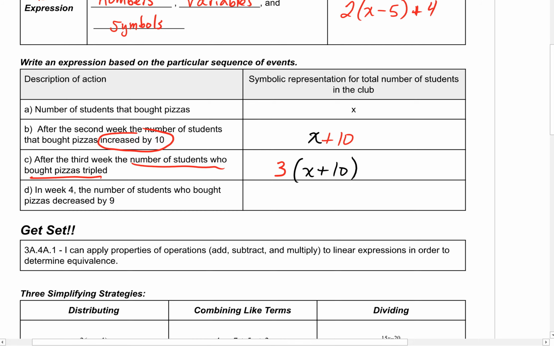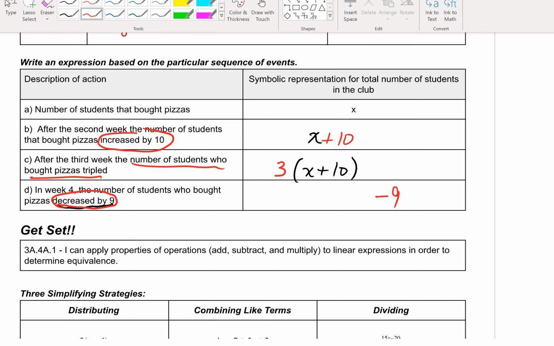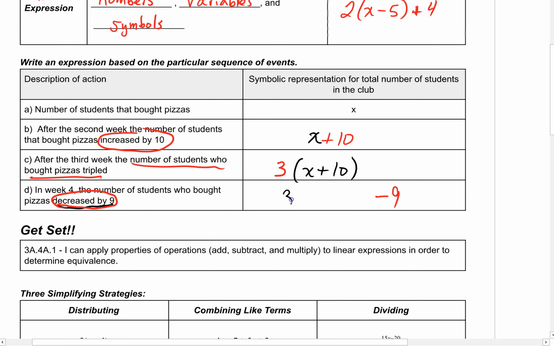Then finally, for D, it says in week 4, the number of students who bought pizzas decreased by 9. And as we're looking at this decrease, of course, we think about going down. That indicates subtraction, minusing a 9. And what you're going to see is we're going to have that previous amount that we had just come up with.